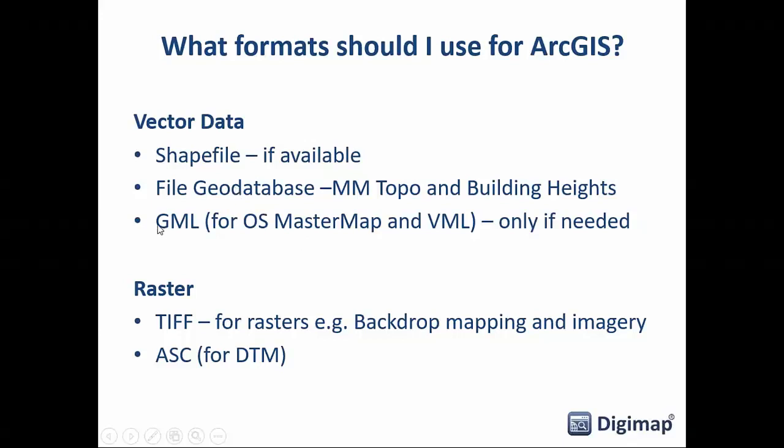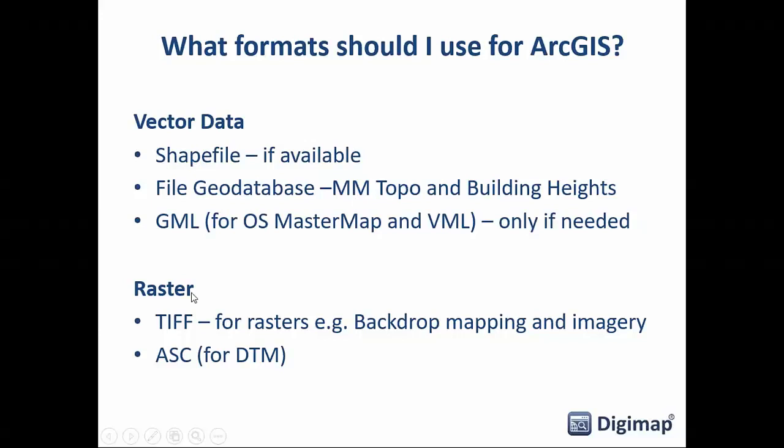There are sometimes reasons you might want GML, and there are tools available within ArcGIS provided by Esri UK that handle that, but unless there's a good reason for using GML, the easiest option is to use file geodatabase, and if it's available, shapefiles.